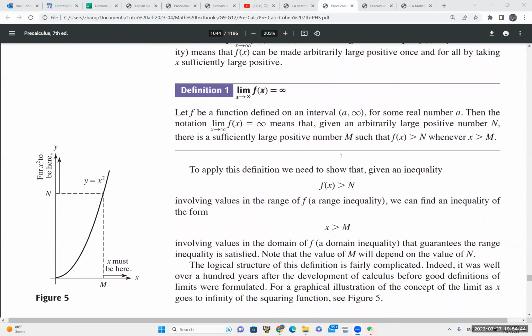Definition 1, limit equal to infinity. Let's say this, let f be a function defined on an interval.